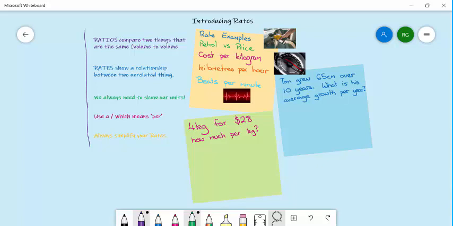We don't talk about, well, 1 carrot is 50 cents because carrots obviously vary in size. So we do it per kilogram or kilometers per hour or meters per second or centimeters per day, depending on what you're talking about. And then you also have beats per minute.